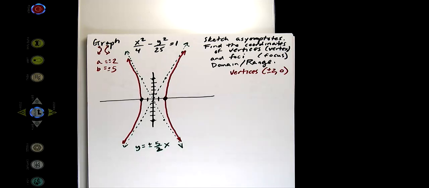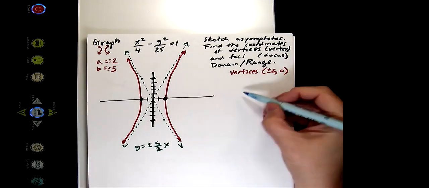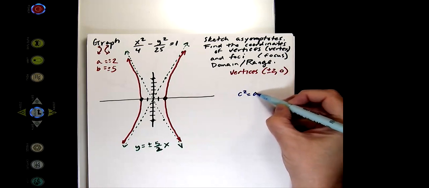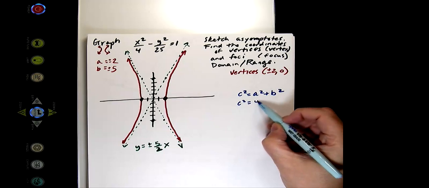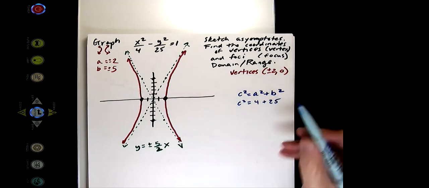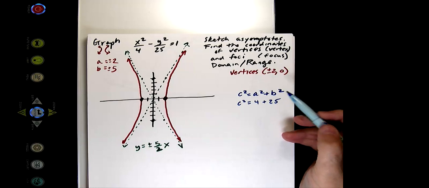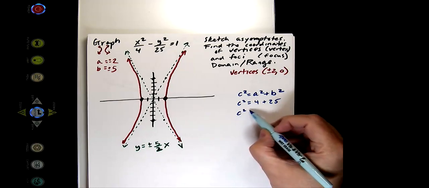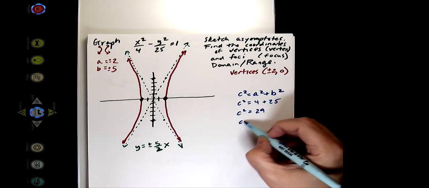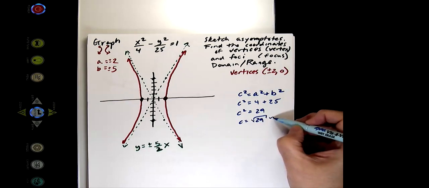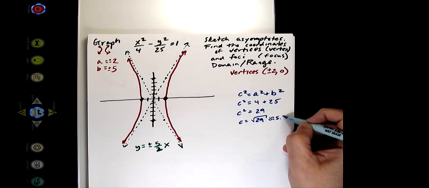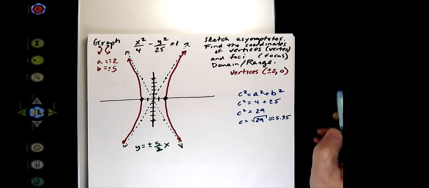I want to determine my foci. C squared equals a squared plus b squared, which is 4 and 25, just the numbers right underneath the x squared and y squared. So c squared is 29 and c equals the square root of 29, which is about 5.35 maybe.